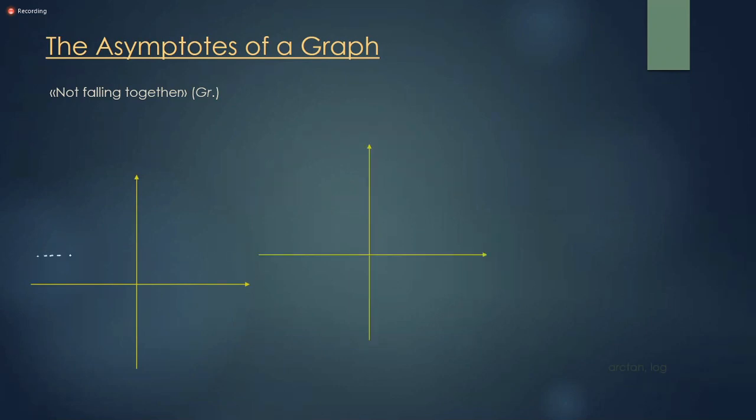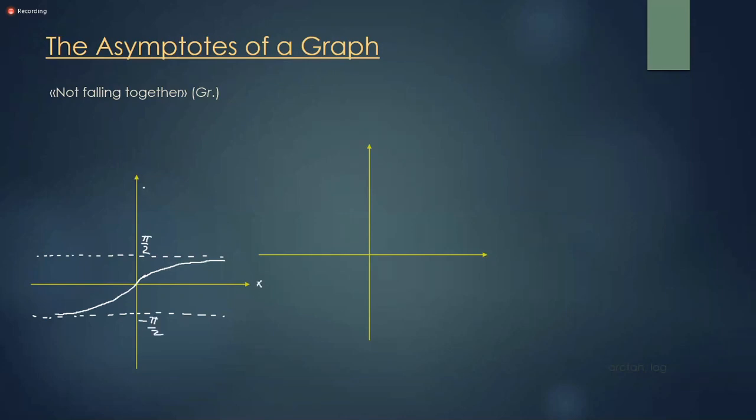If you remember, for instance, the arctangent. Remember, the graph of the arctangent went like this. I am using familiar graphs so that you have an idea. Remember, this was pi half, this was negative pi half.